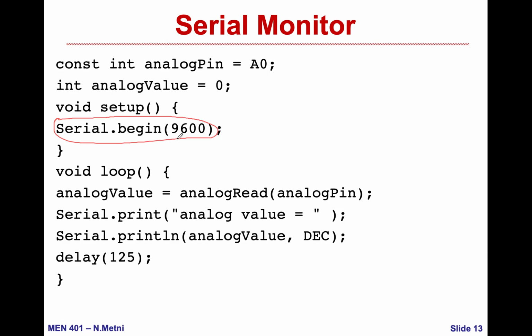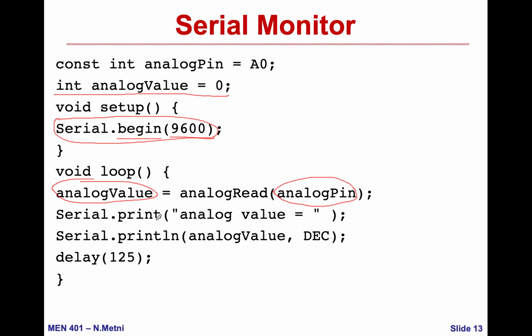I will not go into serial communication in detail, but here I am specifying to begin the serial connection at 9600 bits per second. This is the speed that you should set in your setup function in order to see the output on the serial monitor. Here I am reading from A0 with analog read, and I am putting the value, which is between 0 and 1023, in an analog value integer which was created before.